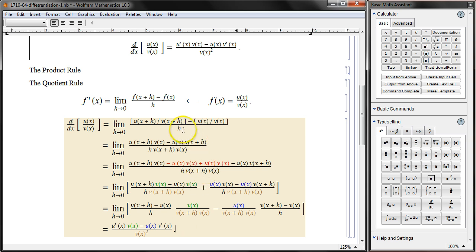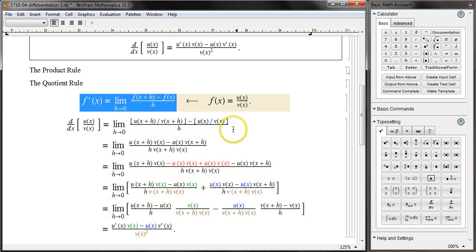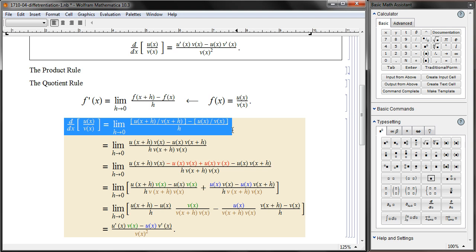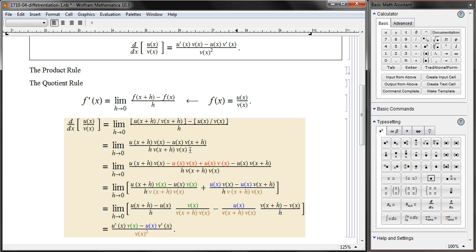Let's recap this. Put u over v to this form, and that's the first line. Okay, and then a little bit of simplification. That's how you get v squared in the denominator. Strategically add and subtract the same quantity, u of x times v of x, and then take the first two terms and then the second two terms to form one fraction and another fraction.